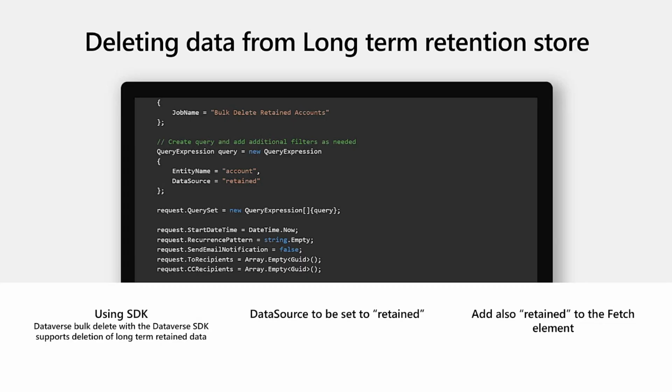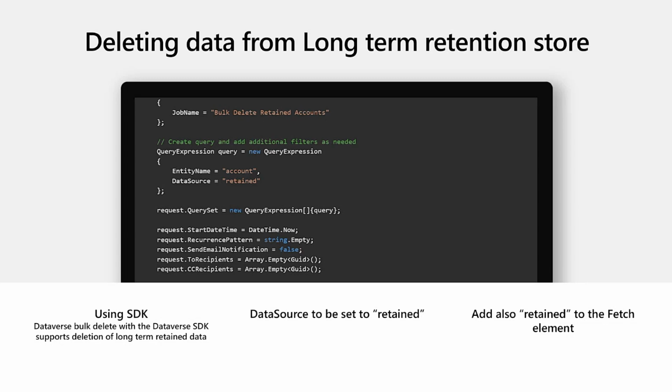So again, if you wanted to delete the records that were meeting a certain criteria, you would add the condition over here. As you can see within the code, you have a start date time, which defines when the deletion would start, and a recurrence pattern. You can set all these parameters. These are out-of-the-box bulk delete job patterns that you can enable through code. Once you create this code through a console application and push it, there are two ways.